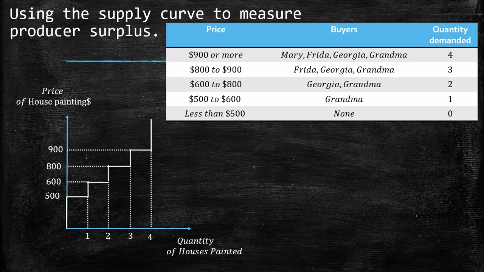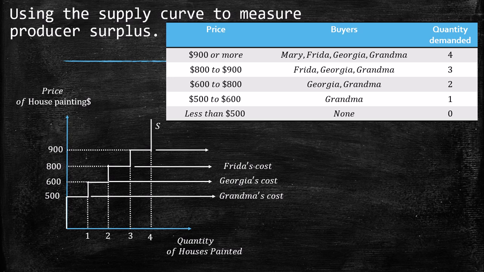So we see here how we put together the supply curve. Here we can show the willingness to sell, which is the same thing as cost: grandma's cost, Georgia's cost, Frida's cost, and Marie's cost.